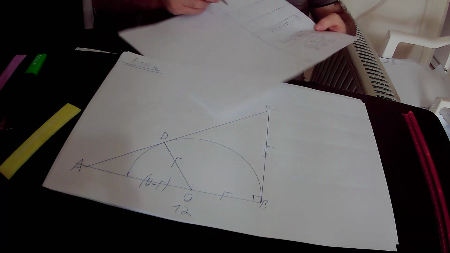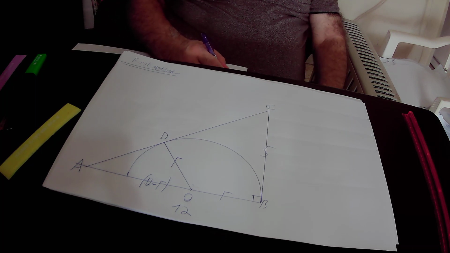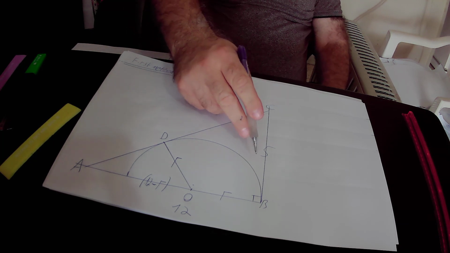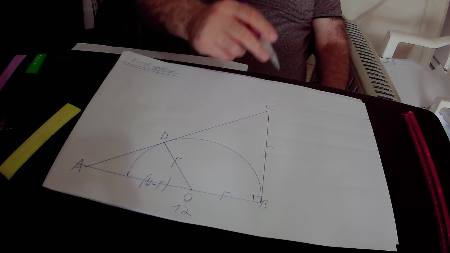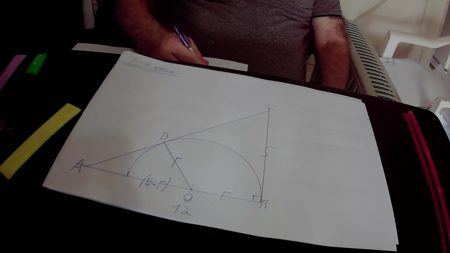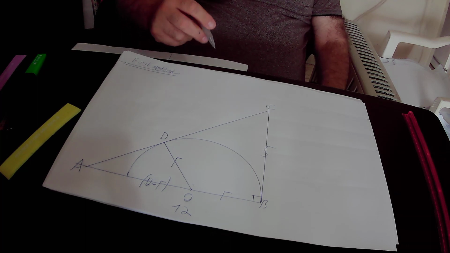So AC squared, according to equation number 1, equals CB squared. CB equals 5 units, as given in the question. So CB squared is 5 squared, which is 25. Plus AB squared.